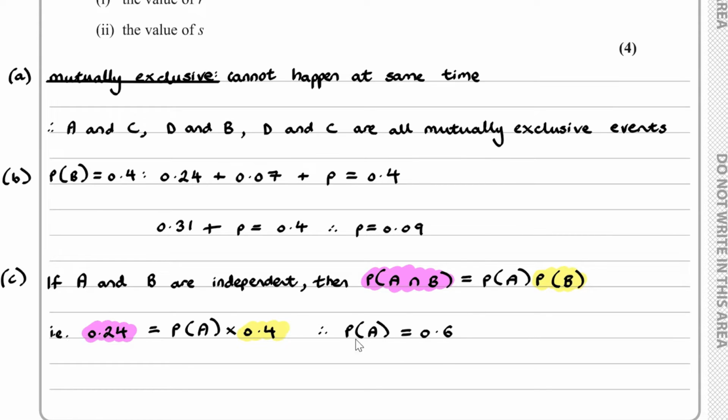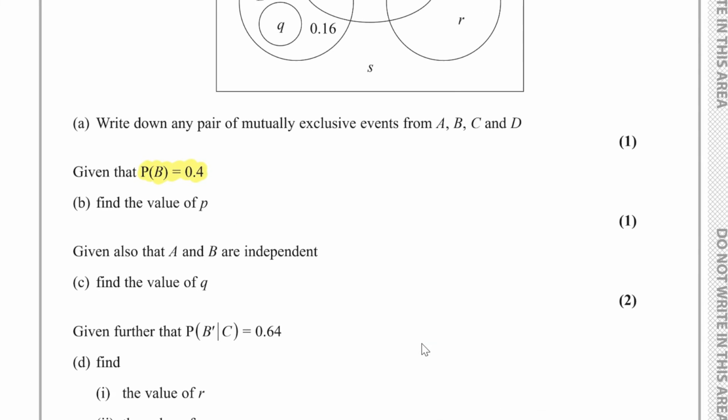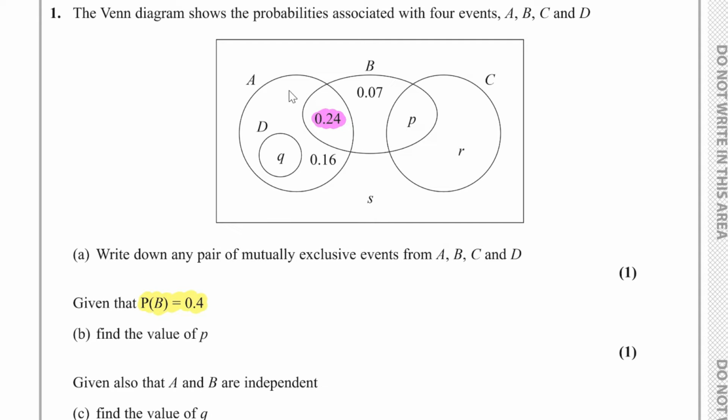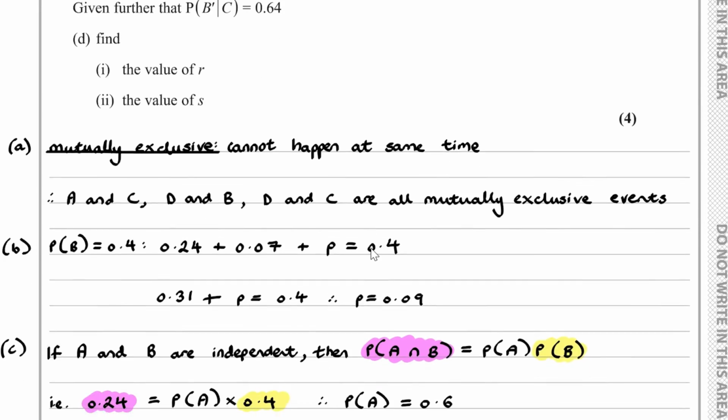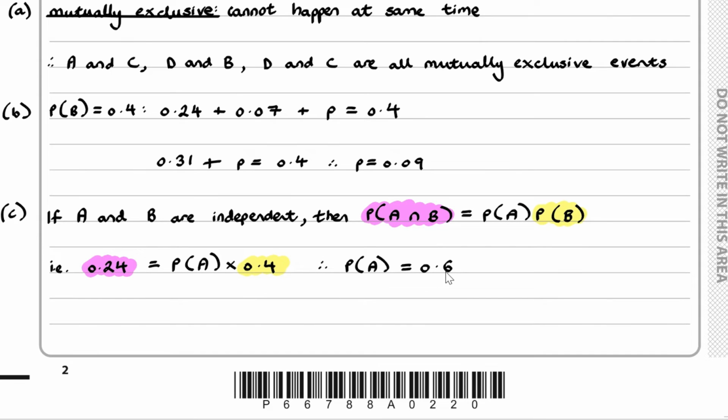Now, knowing that the probability of A is equal to 0.6, these values here of Q, the 0.16 and the 0.24, must all add up to give the 0.6. So, knowing the probability of A is equal to 0.6, we have over here Q plus 0.16 plus 0.24.